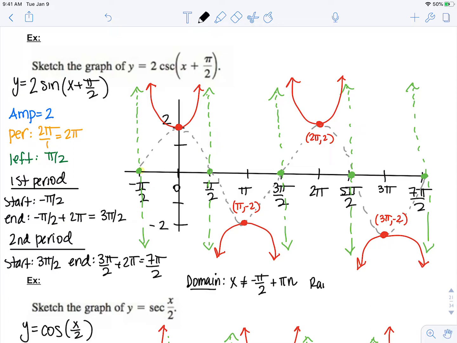And now for my range, it's going to be a little different, right? Because these u's of our reciprocals go down and then they jump and they go up. So if I look at one that's going down, I see the lowest it goes is negative infinity and the highest it goes is negative 2.